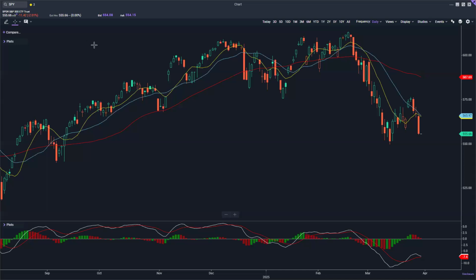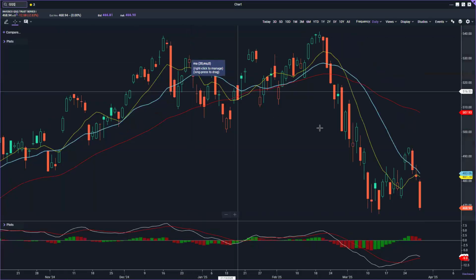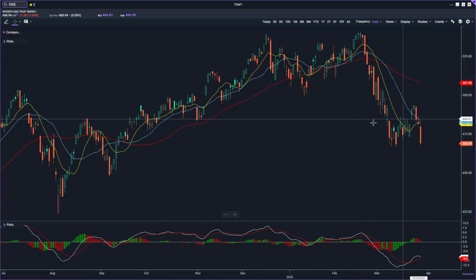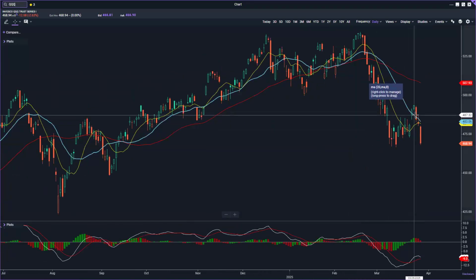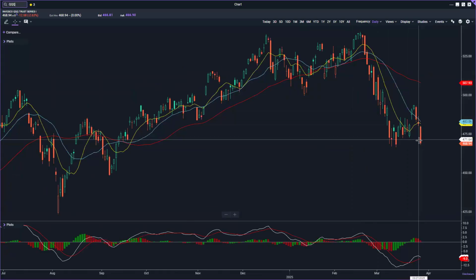So here is SPY, got up to that blue 20-day simple moving average, rejecting, pulling back. Let's take a look at Qs and tech. Obviously, Qs just absolutely annihilated that 20-day simple moving average, rejected, that big red candle that came in and took out 2 weeks of a climb there from those lows.